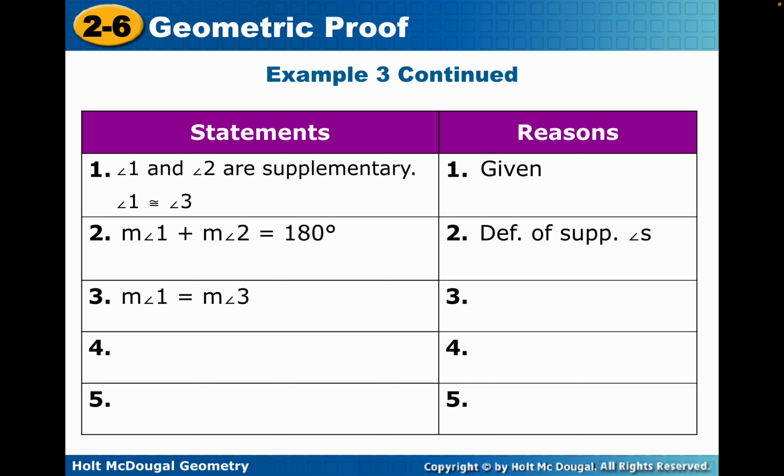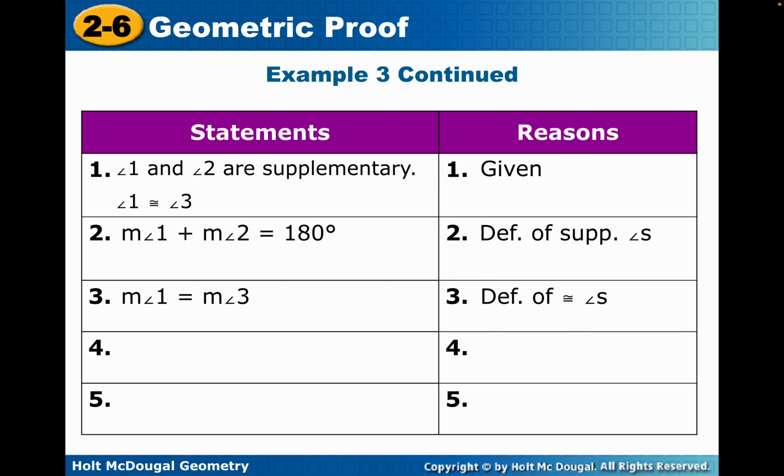All right, who thinks they know what this reason is going to be? No, it's not given. What do we change from the first statement to the third statement? No, not quite.